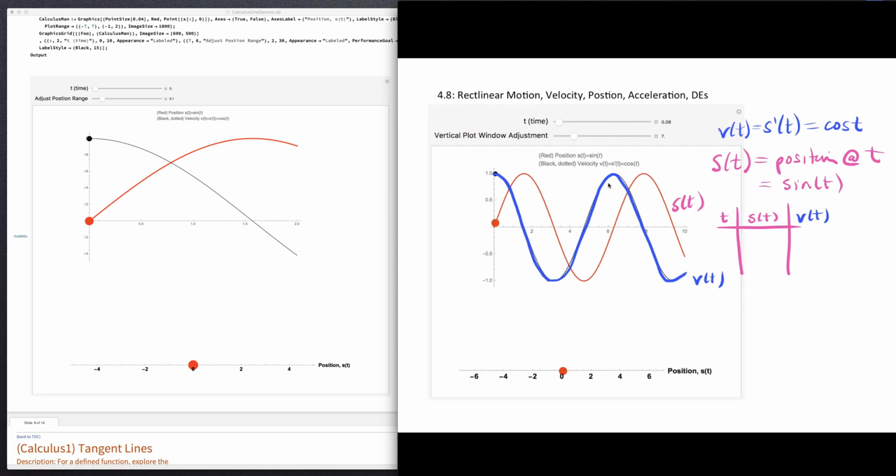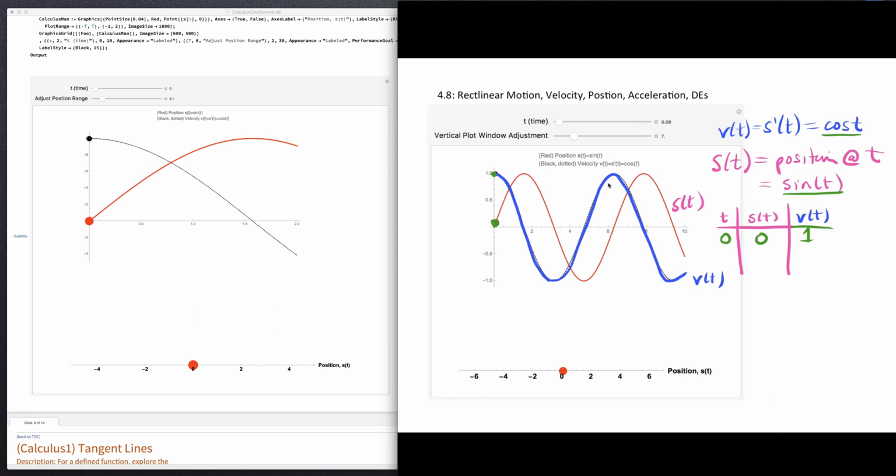Now at time t equals 0, we are at a position of sine of 0, which is 0, and the velocity will be cosine of 0, which is equal to 1. So that's why we're seeing the red dot here: the position is 0, and the velocity is equal to 1.